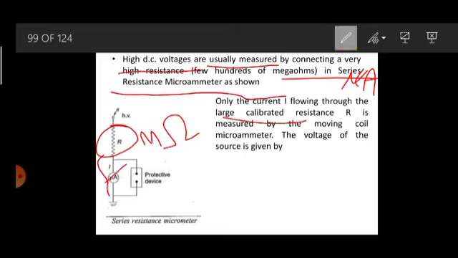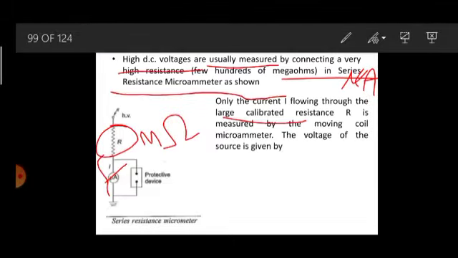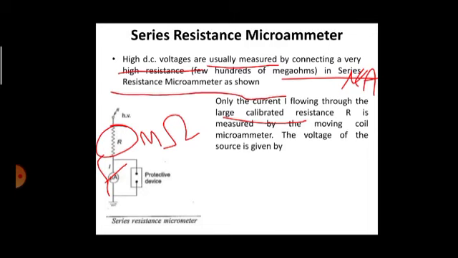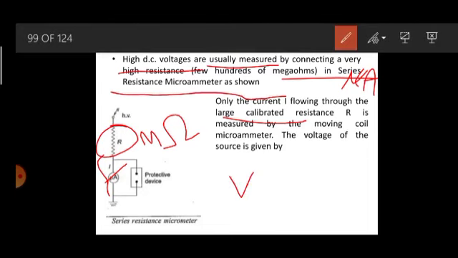In this case, the voltage of the source is given by Ohm's law as V = IR.